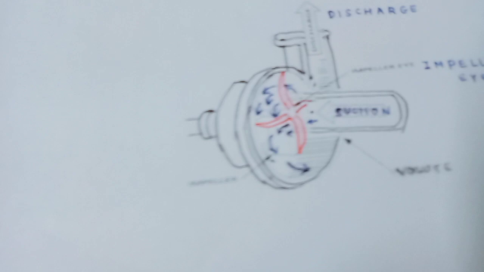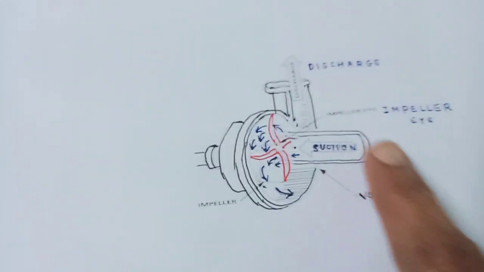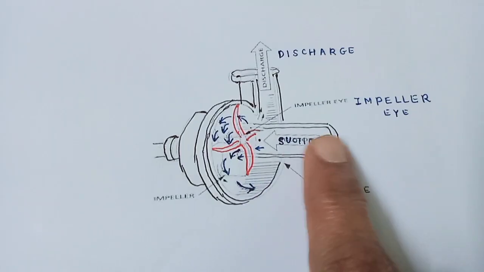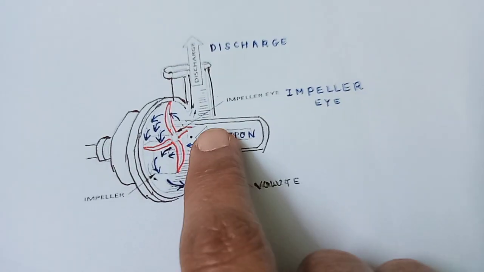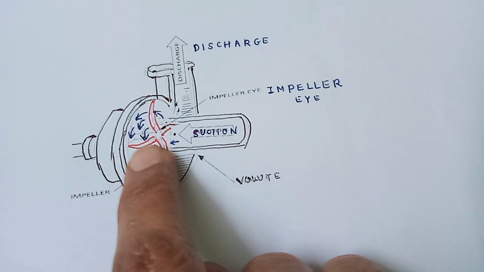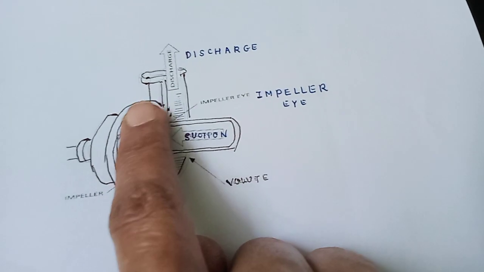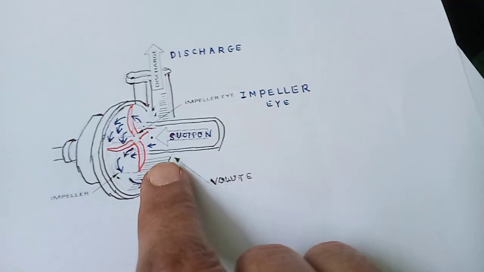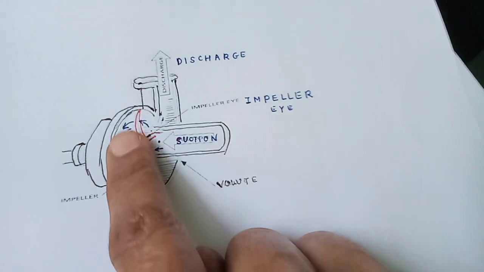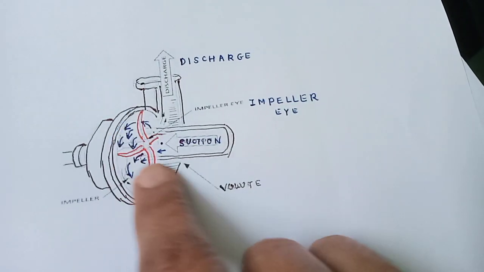Now let us consider this diagram. See, this is a section of a pump, this is the rotating impeller. So liquid is coming from here, this impeller is rotating in this direction, so liquid will rotate like this by centrifugal force.